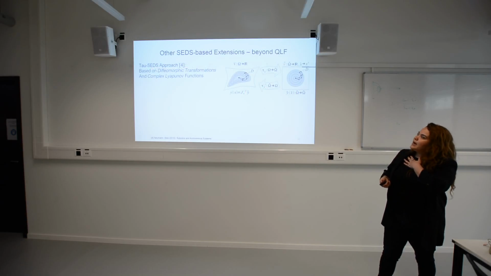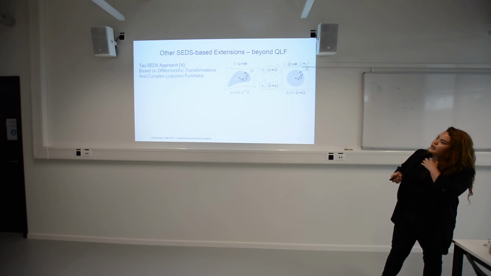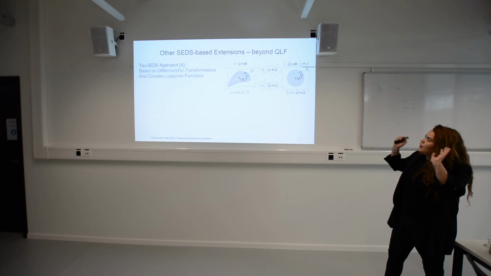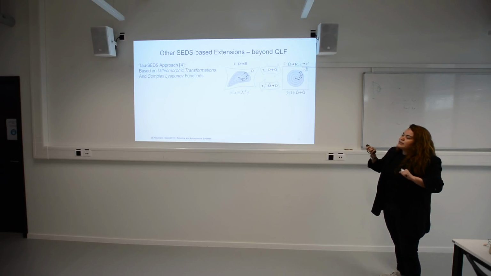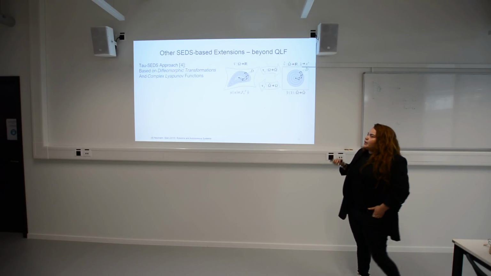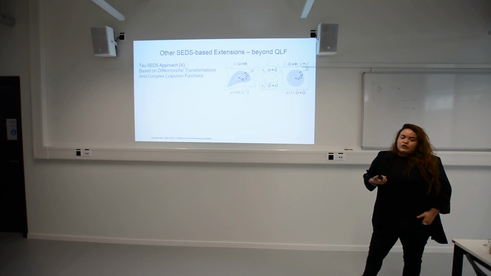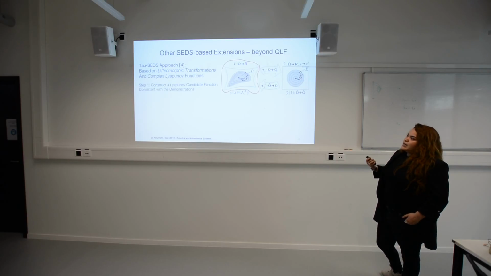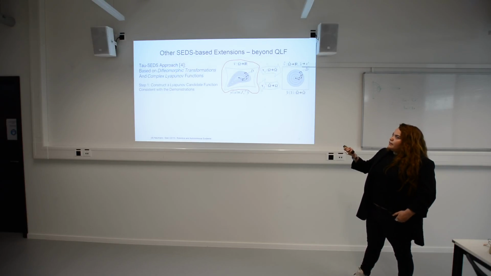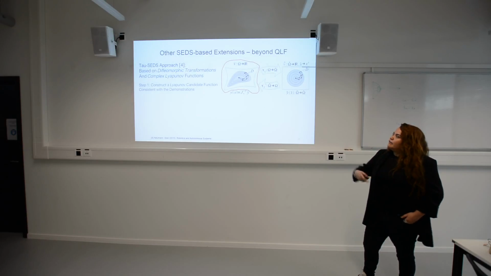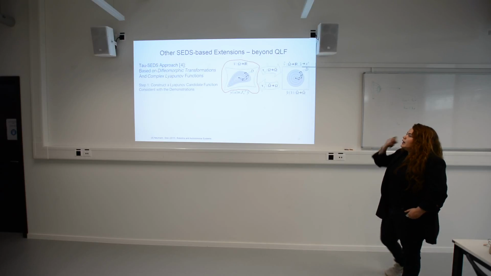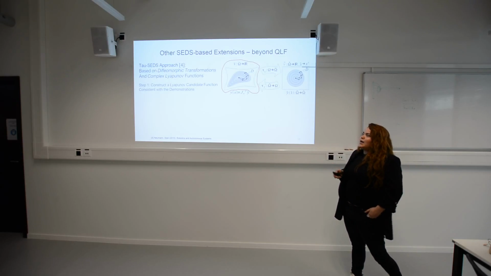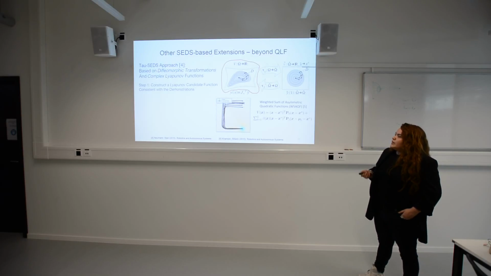So one approach that tried to extend SEDS, which I call beyond quadratic Lyapunov function, is this tau-SEDS approach, which is based on diffeomorphic transformations and a complex Lyapunov function. So the idea is that first, given some demonstrations of nonlinear motions, you construct a complex Lyapunov function from your demonstrations.